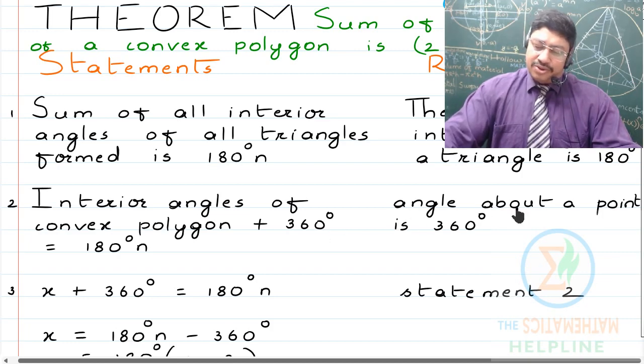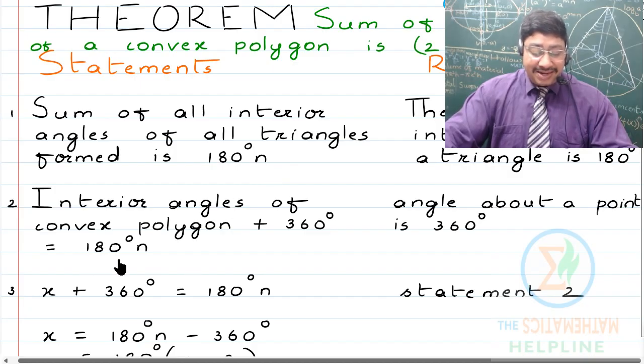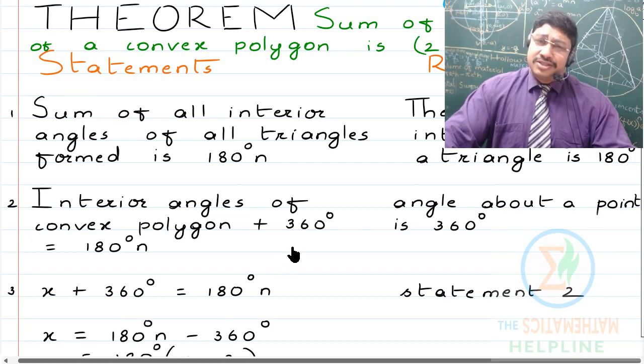That's because we are talking about the angles about a point, which is always known to be 360 degrees. Now, as you know, the sum of these angles is the sum of the interior angles of a triangle, right? And thus, we have earlier proved that this is 180n, and as such, this can again be written as 180 degrees multiplied by n. That is the above statement that we have written. We have now written it in terms of the sum of the angles of all the triangles, right?